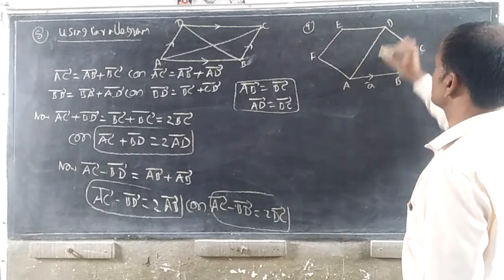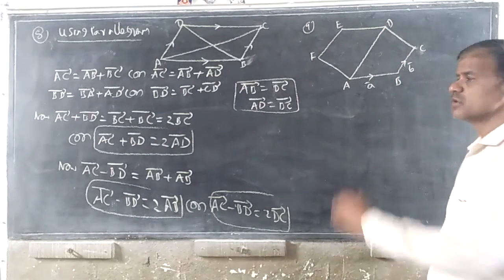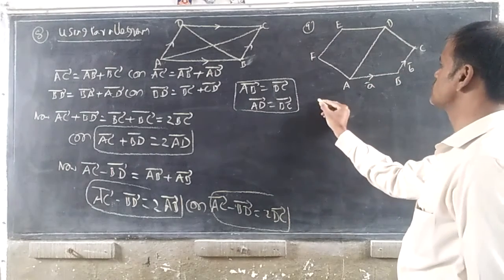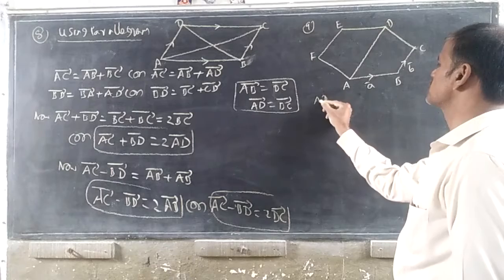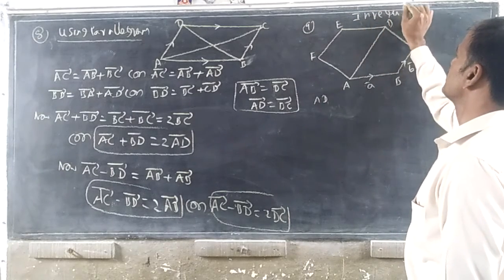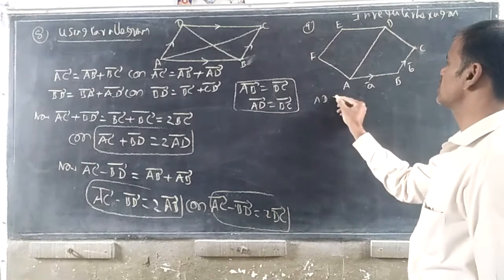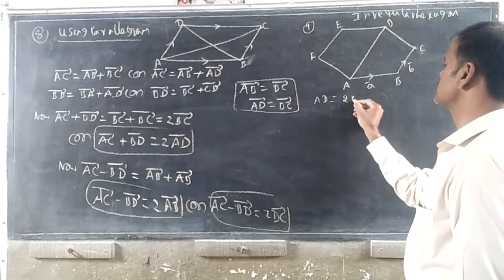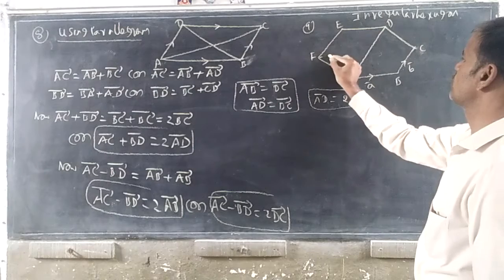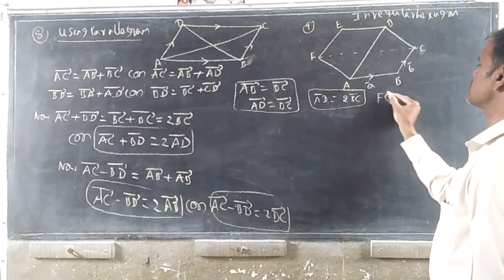The concept is that whatever the large value, parallel to the short value is twice of the short value. Now in a regular hexagon, AD is equal to 2BC right here.